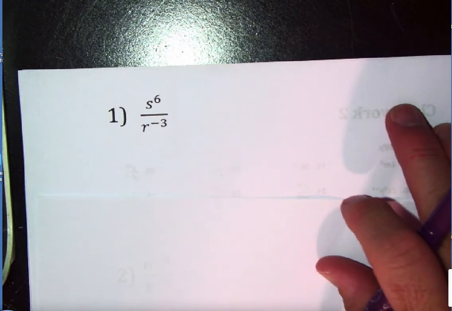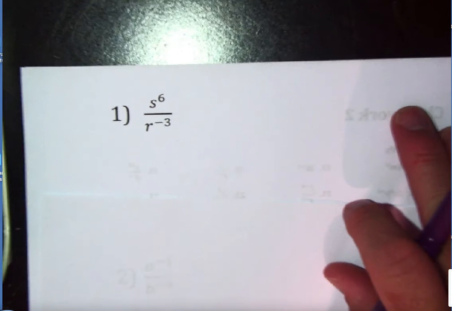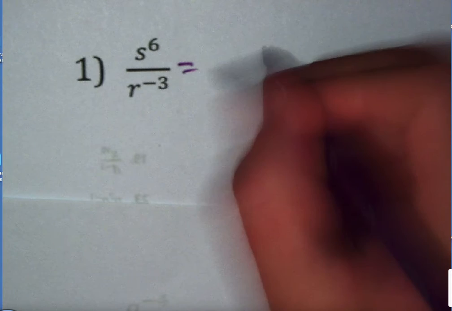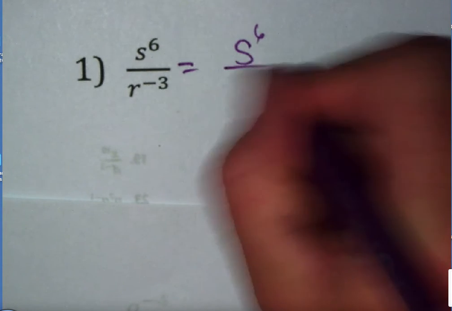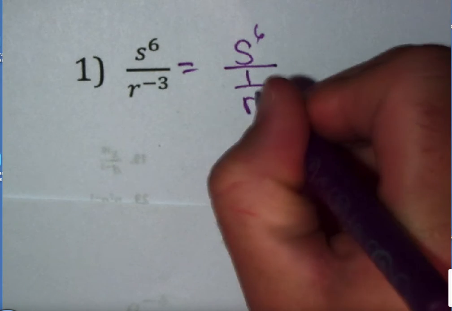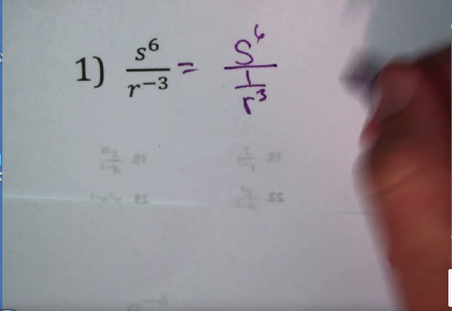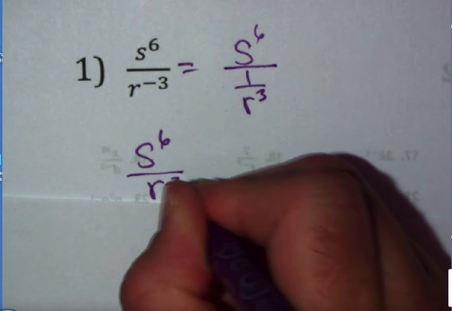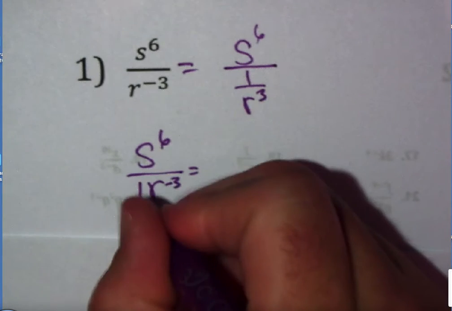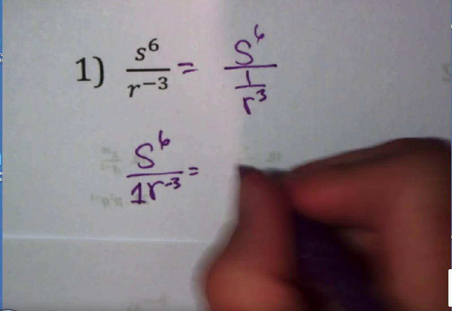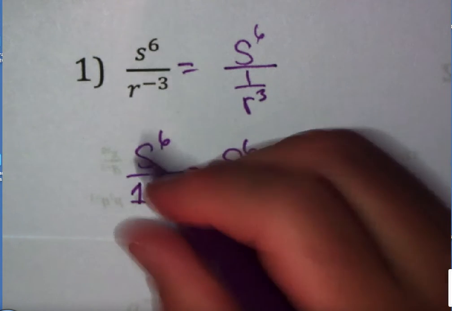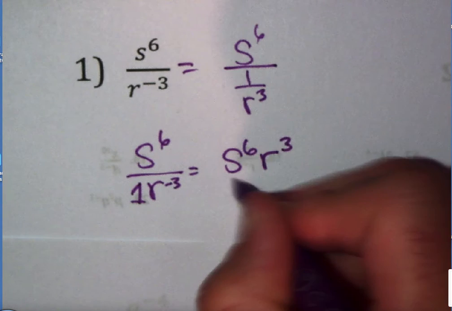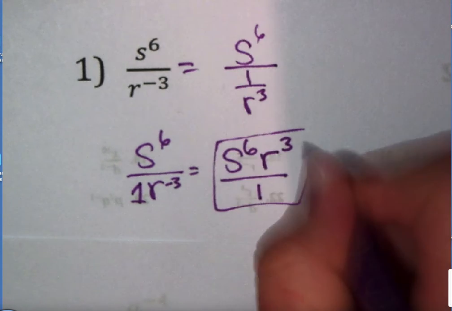All right, number 1. Okay, you could write it as s to the 6th over 1 over r to the 3rd and do the math, or you could just simply know s to the 6th is going to stay where it is, and r to the negative 3rd is going to shift up to the numerator, put it over 1.